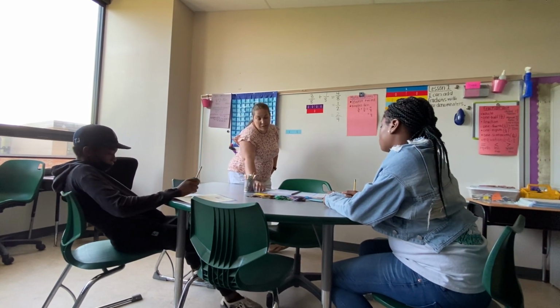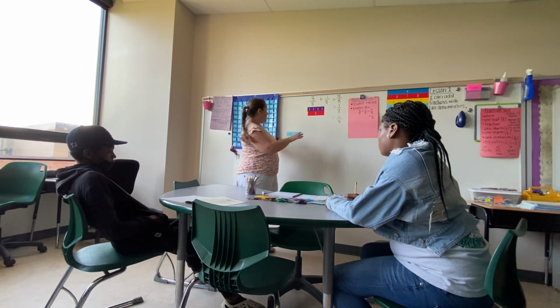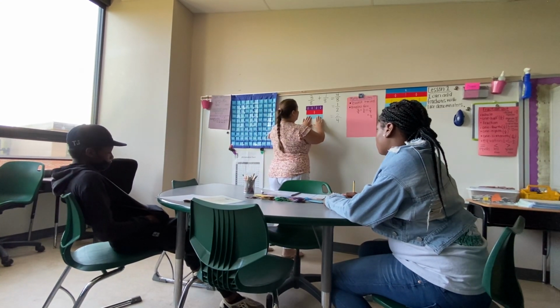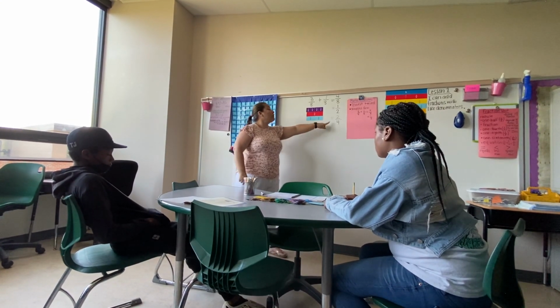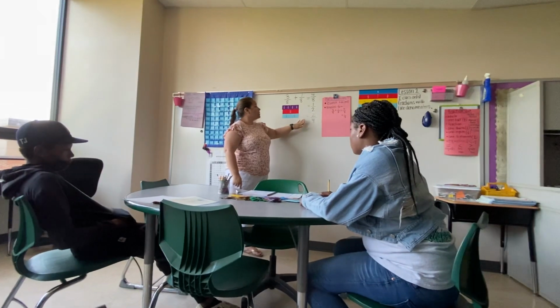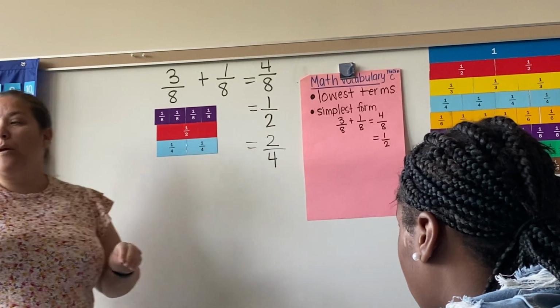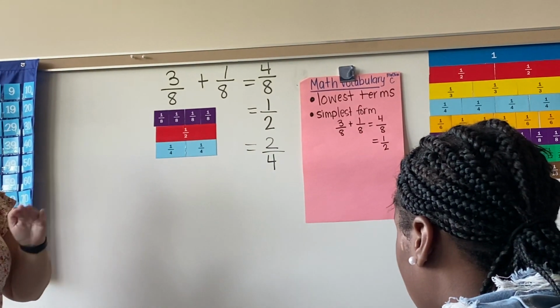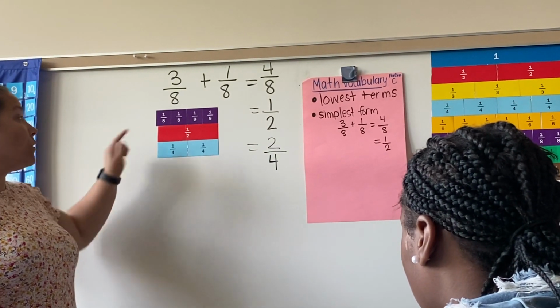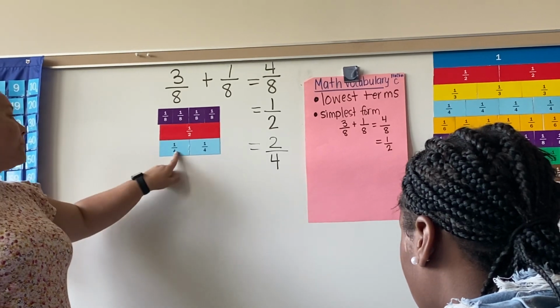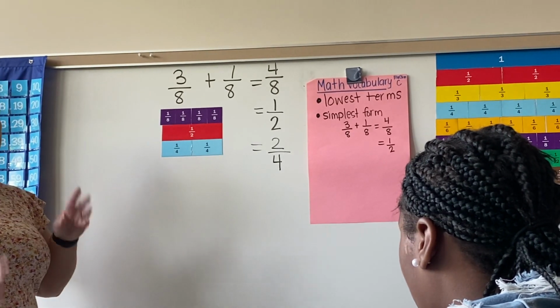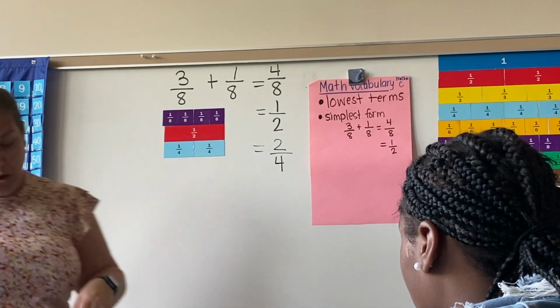Then we also worked on, Terrence picked how many fourths? Terrence picked 2/4. So these are all equivalent to each other. But when we talk about the simplest form, we want to pick the fraction that has the smallest or the lowest amount of pieces. So would it be Taylor's 1/2 or would it be Terrence's 2/4? Which one has the least? 1/2. Very good.